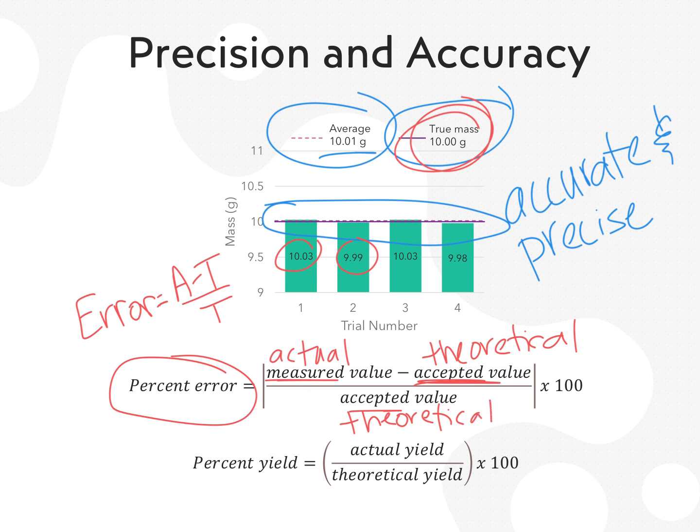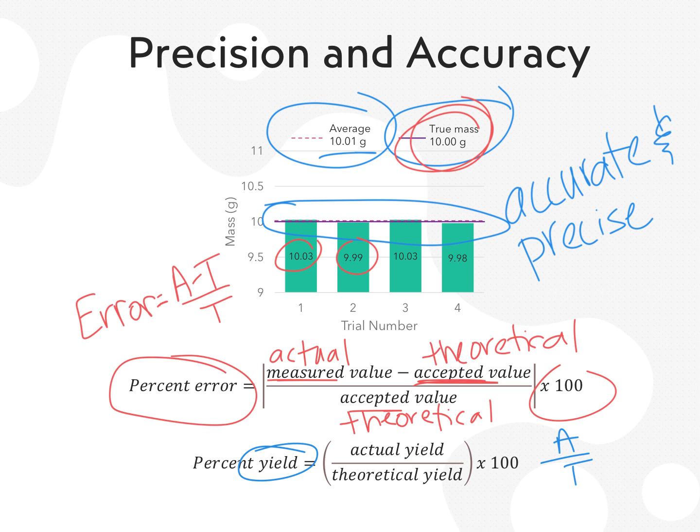So if I do AT&T, my actual minus my theoretical divided by my theoretical times 100 to make it a percent. If you're doing a chemistry lab where you're trying to create some sort of product, then you might find your percentage yield, which is just your A over T, your actual yield divided by your theoretical yield. It's just a different way of calculating error. Instead of how far off you are, it is how far on you are.